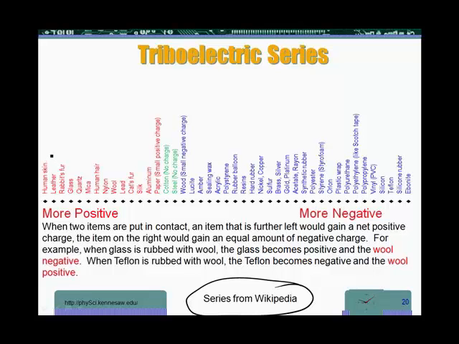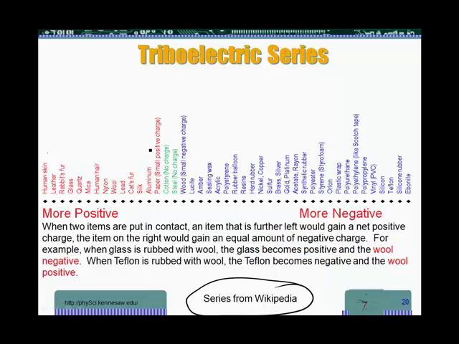Like when I look here: human skin, leather, rabbit fur, glass, quartz, mica, human hair, nylon, wool, lead, cat's fur, silk, aluminum, paper, cotton, and so on. And as we go down, then we have silicon, Teflon, silicon rubber, ebonite.